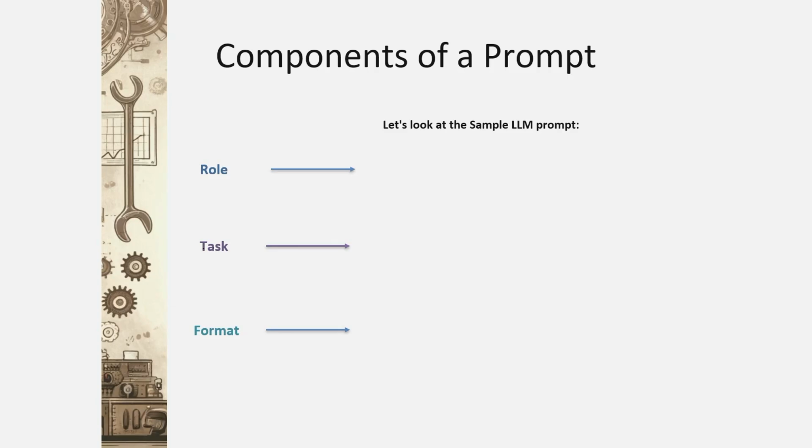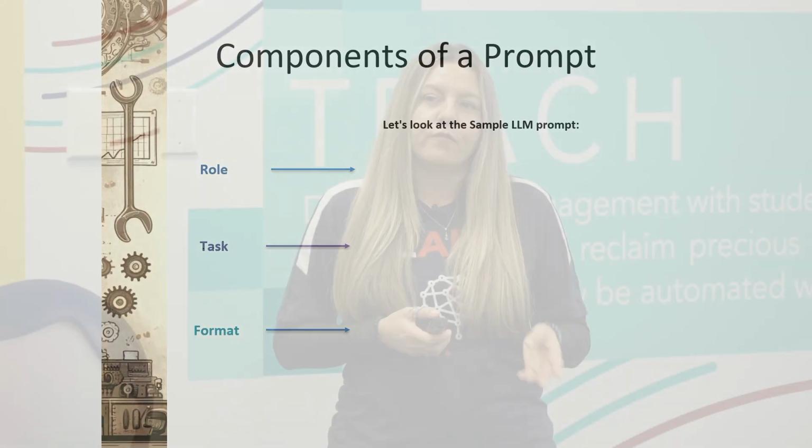But before we get into that, I'm sure many of you have heard about prompt engineering. Prompt engineering is the process of creating and refining instructions so that your GPT provides you with the best output. And within prompt engineering, there are prompt frameworks.